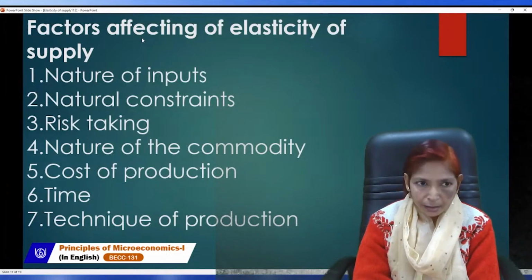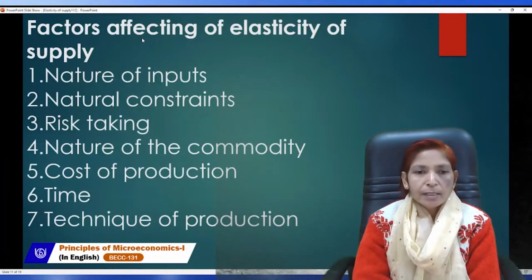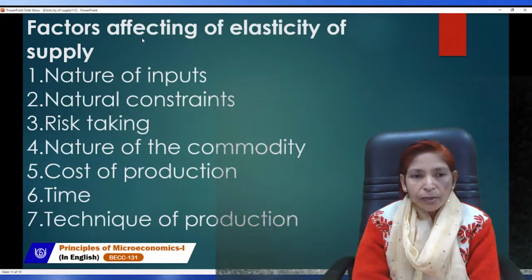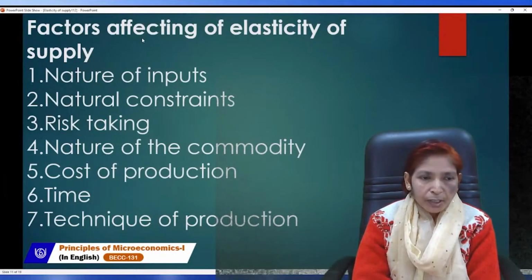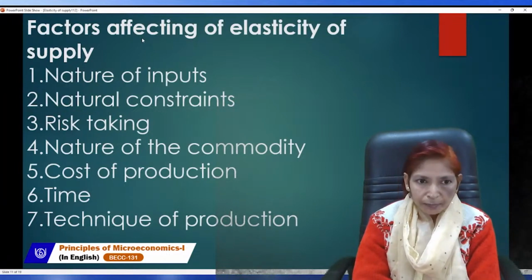Second point is natural constraints. Natural constraints means some commodities' production depends upon nature. As you know, agriculture production always depends upon nature. You have no control over nature.